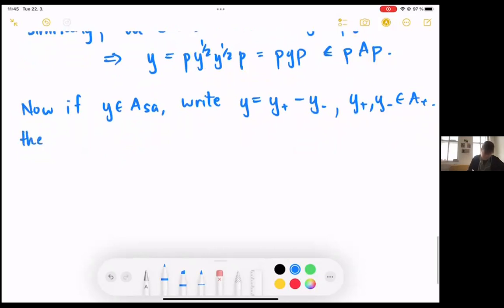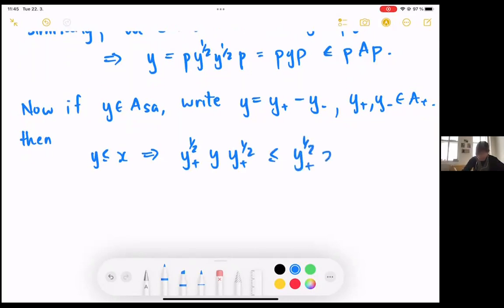Then if Y is less than X, we get that Y plus plus Y minus is less than X. Again, we know that we can multiply on either side by a positive element, and the order structure doesn't change.